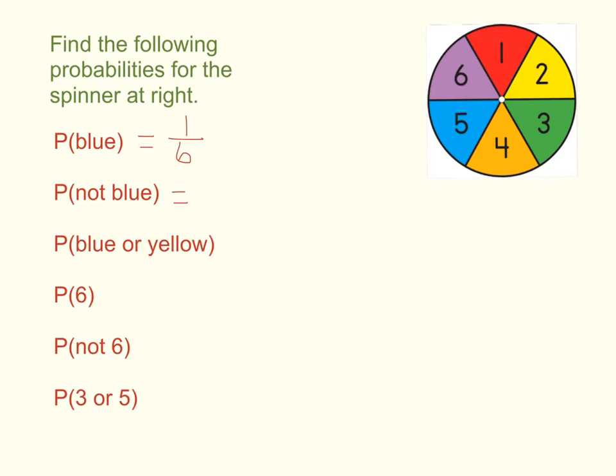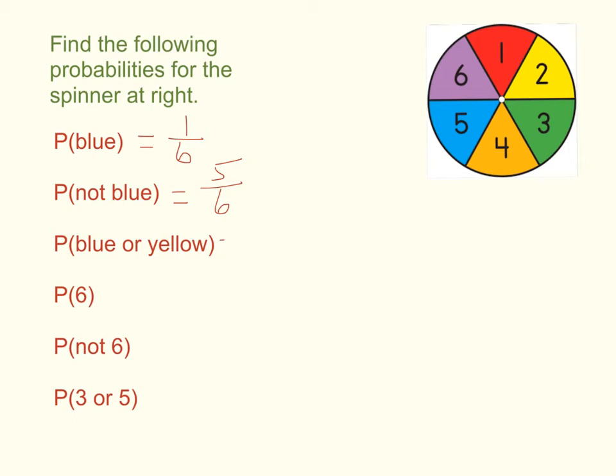So that means purple's okay, red's okay, yellow's okay, green's okay, orange is okay. So I could say probability of purple or red or yellow or green or orange. Or I could just say, as long as it's not blue, and blue is 1/6, so the rest is 5/6.